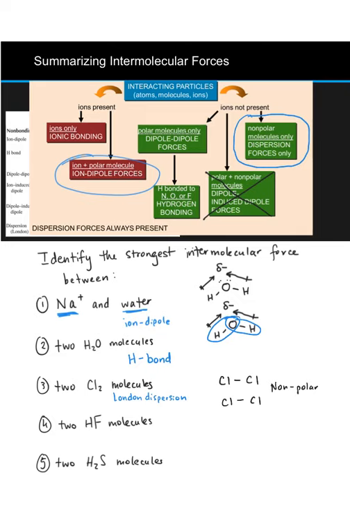Earlier, we looked at HF. HF molecules, again, are polar. They have dipoles because fluorine is more electronegative than hydrogen. The fluorine side is partially negatively charged, the hydrogen side partially positively charged. These dipoles align themselves in such a way that partial negative ends and partial positive ends are aligned in separate molecules.